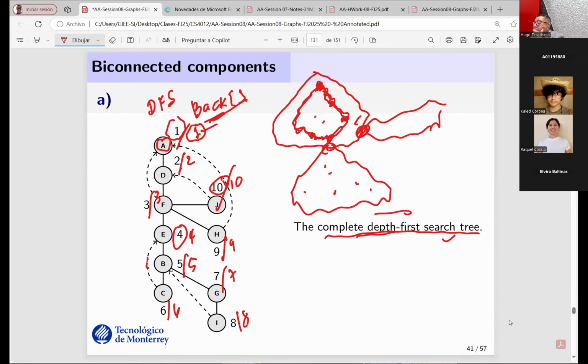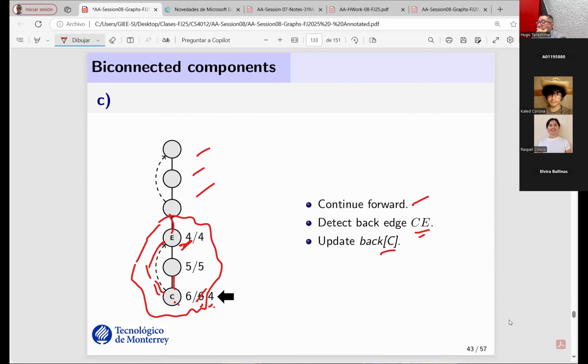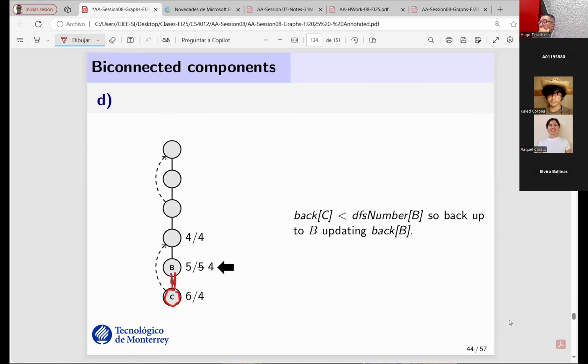So that's the other condition. Let me see here. When it's returning from W to B, this is the minimum value of back, and this is the value of back of W, and it's going to compare both of those values and say, okay, from this I can go here and I can go there, so I can go back to the node with label number 4.